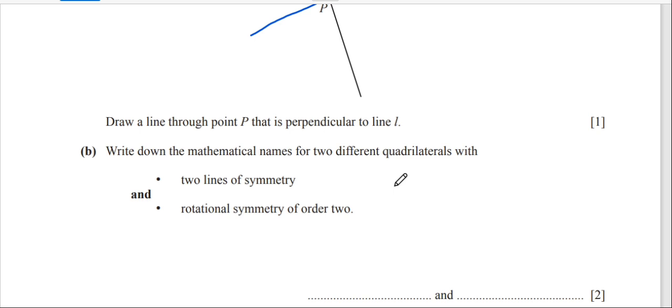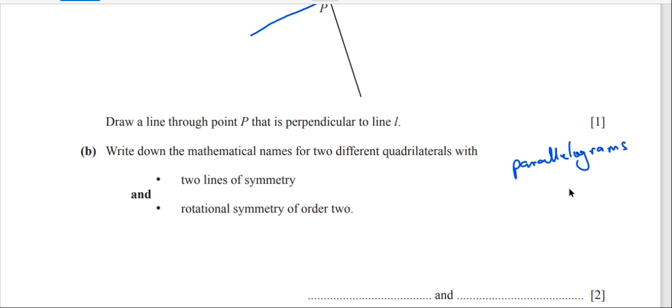So the next one, they ask: write down the mathematical name for two different quadrilaterals with two lines of symmetry and rotational symmetry of order 2. Now here, these two properties, two lines of symmetry and rotational symmetry of order 2, are actually found in parallelograms.